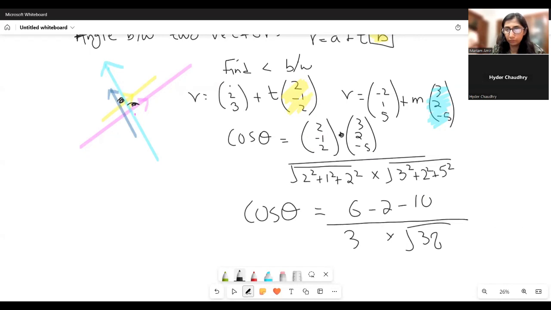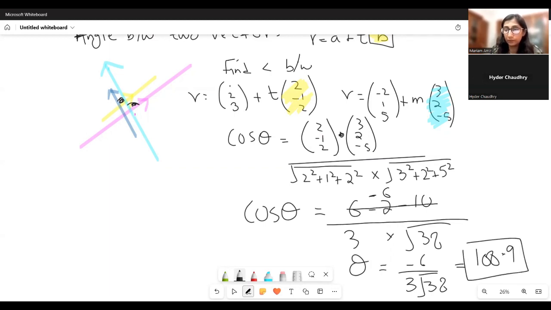Okay. So the numerator would be minus 6. And now you find cos inverse of this: minus 6 upon 3 under root 38. Since cos is negative, that means it's going to be an obtuse angle. Just a quick revision of the old concept. So I'm getting 108.93, 108.9 correct to 1 decimal place.